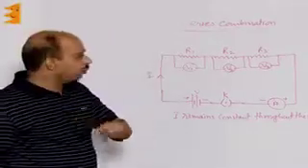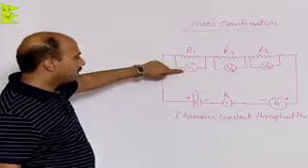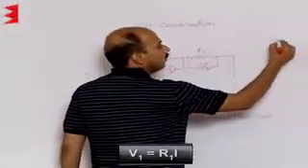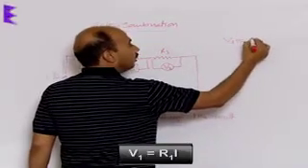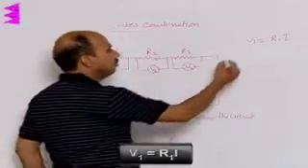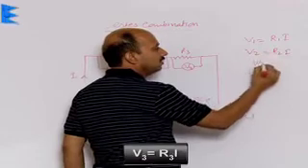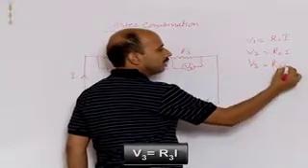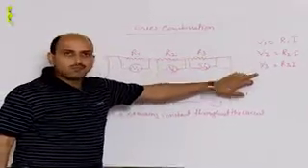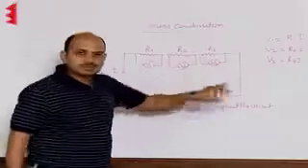Similarly, we can apply Ohm's law in this combination also. So, first if you apply Ohm's law for V1 for the first resistor R1, so we can write V1 is equal to R1 I, V2 is equal to R2 I and V3 is equal to R3 I. This is just I am writing according to Ohm's law. So, Ohm's law is applicable for the single resistor as well as for the combination of the resistors.